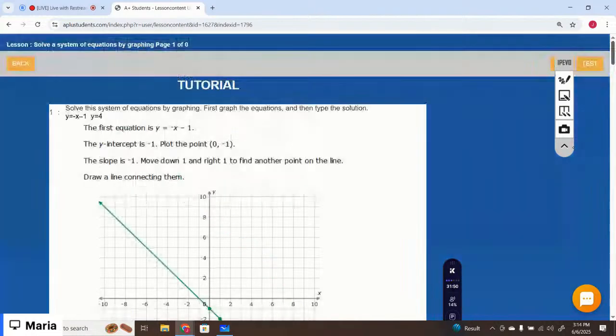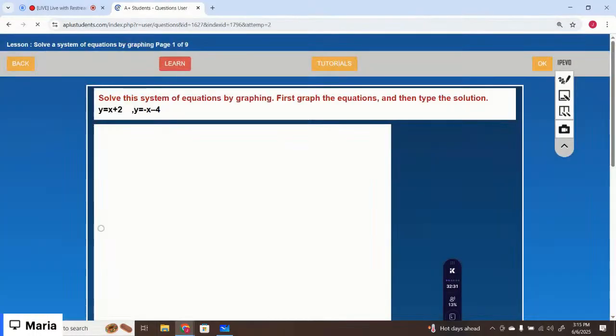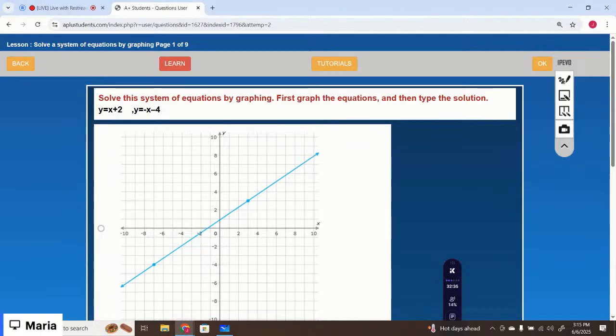Let's just start with the first question. Solve the system of equations by graphing.